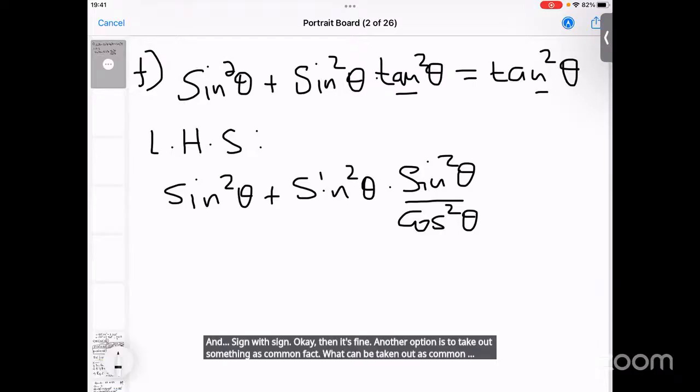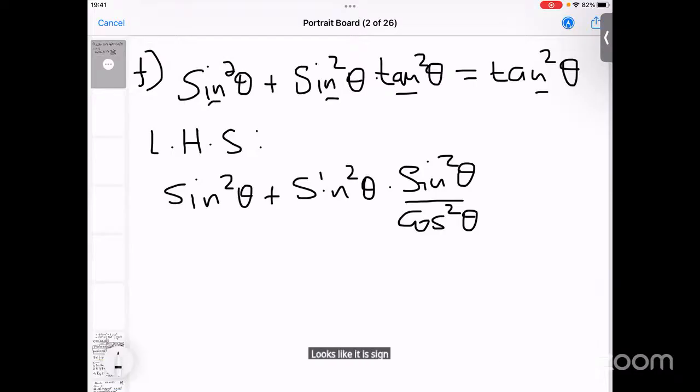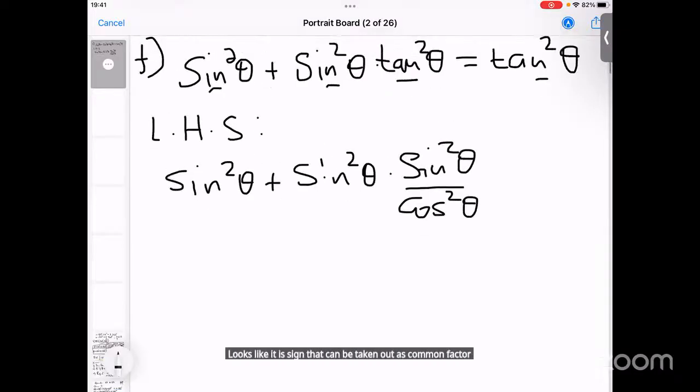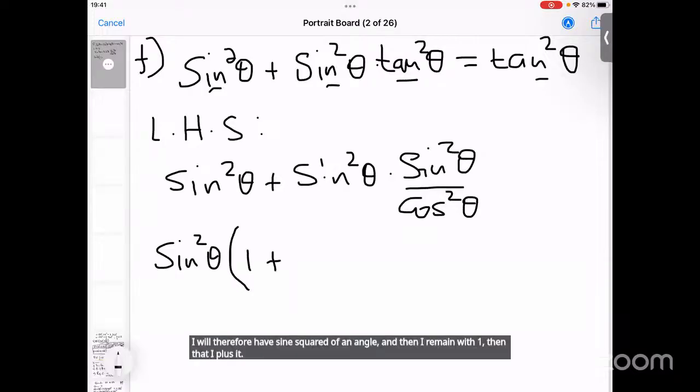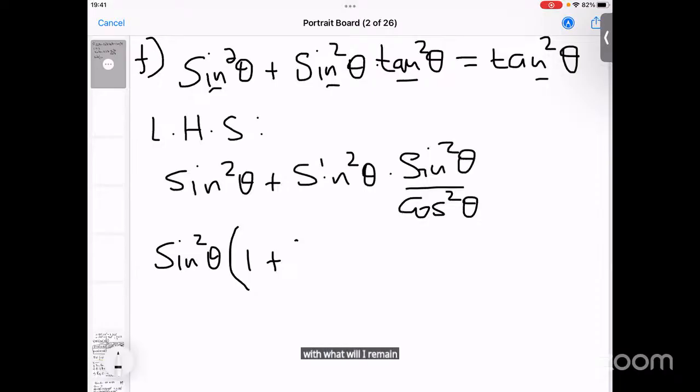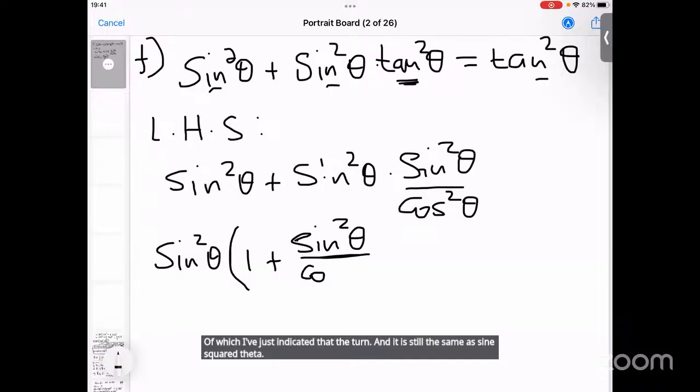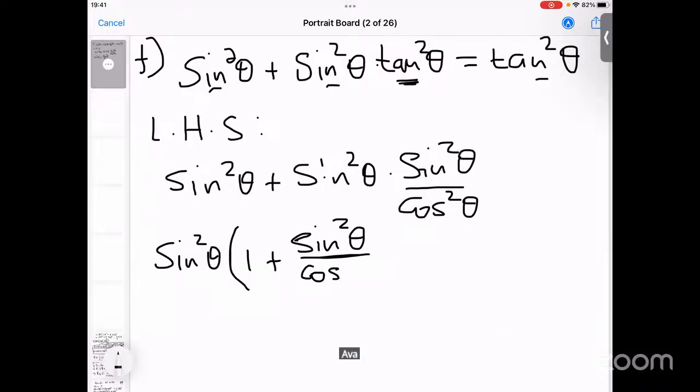It looks like it is sine that can be taken out as common factor, which means I will therefore have sine squared of an angle. Then I remain with 1 there that I plus it with. What will I remain with there? It will definitely be that tan, of which I've just indicated that the tan is still the same as sine squared theta over cos squared theta.